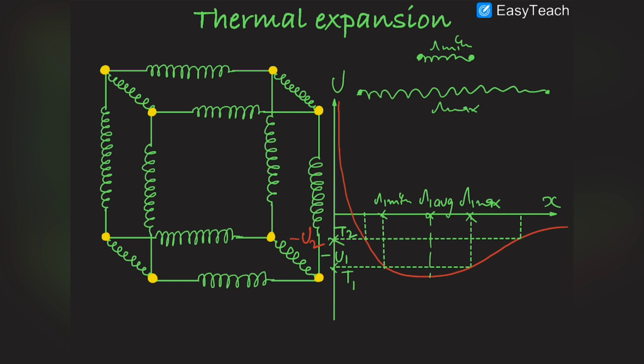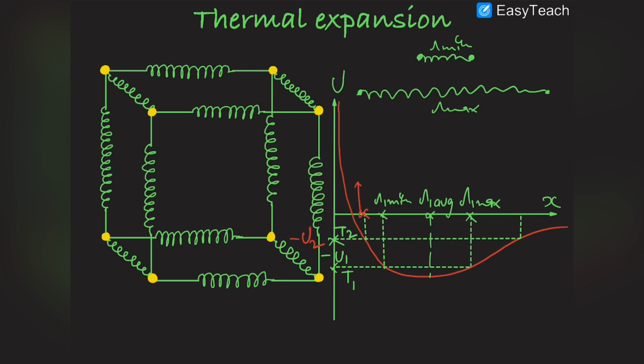At temperature T2 you can see that R minimum shifts in the backward direction, which means that the minimum distance between these two atoms decreases, because the total energy increases and therefore their amplitude will increase, and therefore the minimum separation between them will decrease.